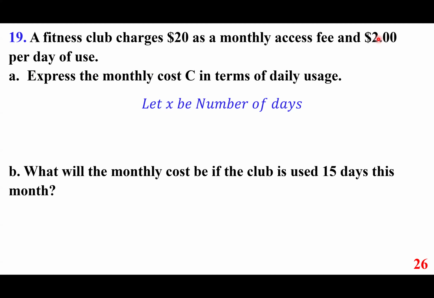So if we use 10 days, $20, 5 days, $10, X days, 2 times X. So 2 times X plus a fixed cost of $20. C of X is 2X plus 20. In essence, you're looking at Y equals MX plus B. This is the slope, a variable charge, and this is the fixed charge.